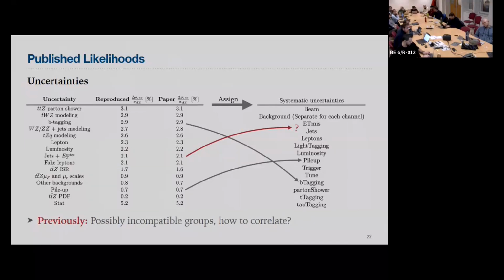Or we can now actually use the likelihood we are provided, because since we now have control over almost all of the different nuisance parameters, it's easy to split this up the way we want, without having to adjust any of our previous measurements, and simply compute the uncertainties coming from the jets and the missing transverse energy separately, to make sure that we don't have any mixing between the systematic uncertainties that we couldn't avoid previously.